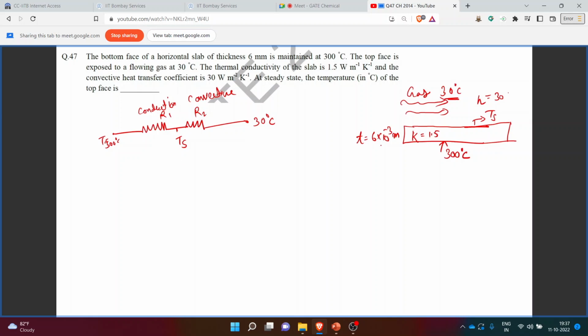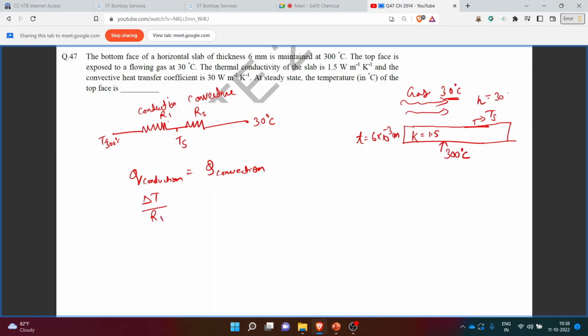So we can write the energy balance as Q of conduction is equal to Q of convection.